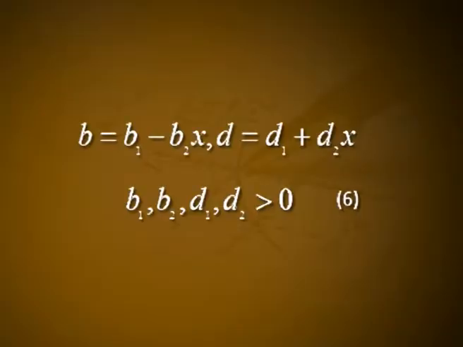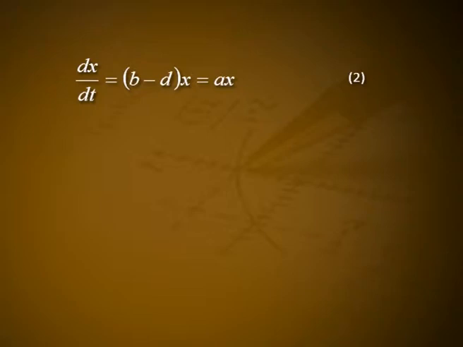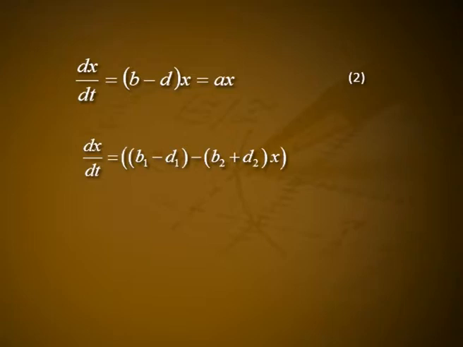The simplest assumption is to take B = B1 - B2 x and D = D1 + D2 x, where B1, B2, D1, D2 > 0. So that the second equation becomes dx/dt = (B1 - D1) - (B2 + D2)x, which is equal to x(a - bx), where a > 0, b > 0.